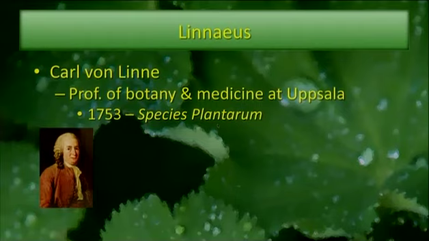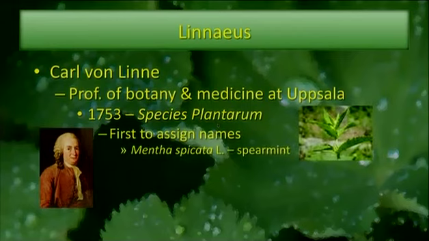And in the margin of his book, Species Plantarum, he wrote one word, like a descriptor. So he was the first to assign names in this form that we know now. So that long polynomial we were talking about a little earlier is now known as Mentha spicata. This spicata was a word that he used in the margin.